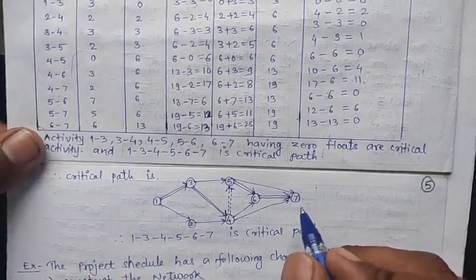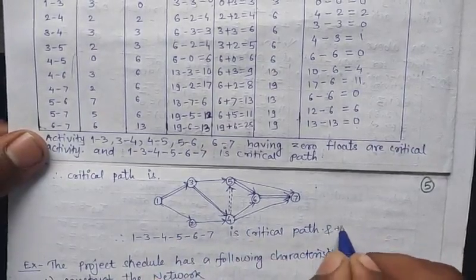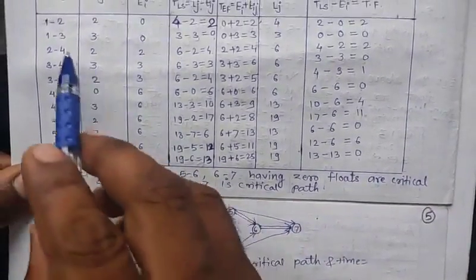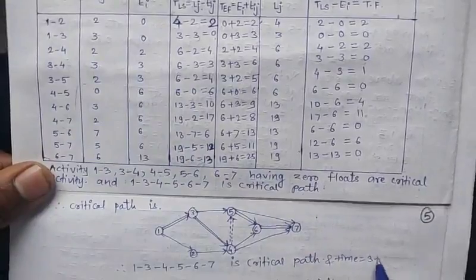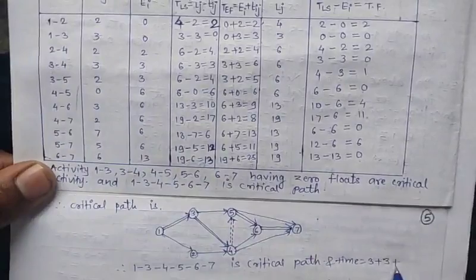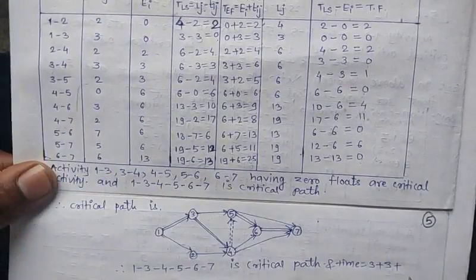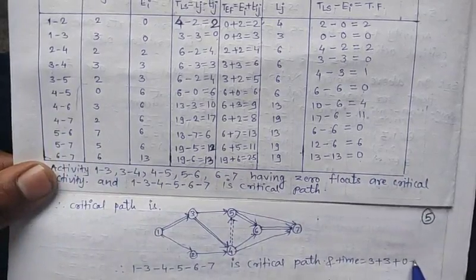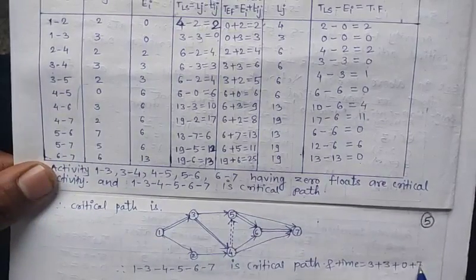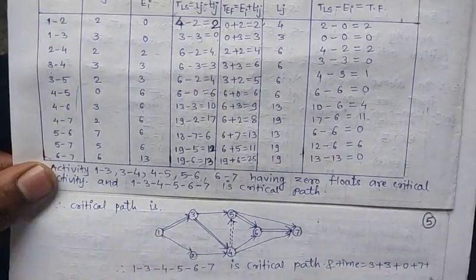And if we calculate its time duration: the 1 to 3 activity has duration 3, plus the 3 to 4 activity has duration 3, plus the 4 to 5 activity has duration 0, plus 5 to 6 has duration 7, plus 6 to 7 has duration 6.